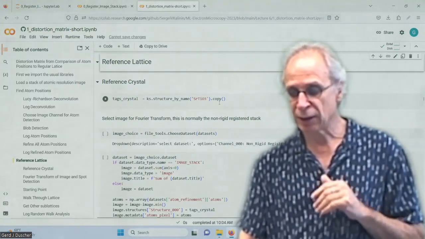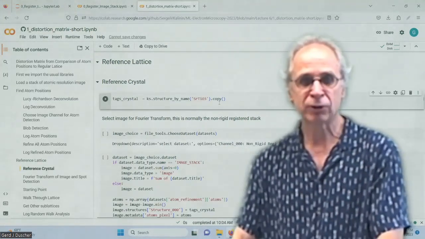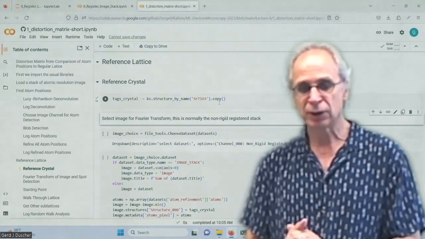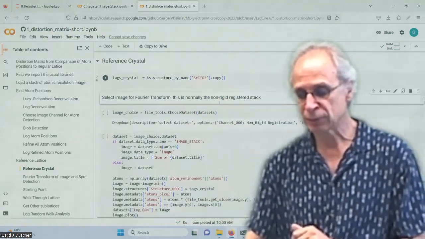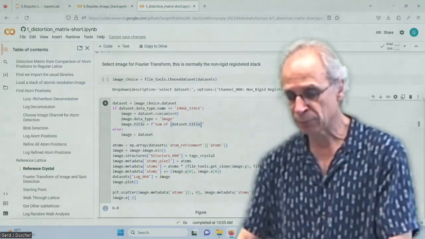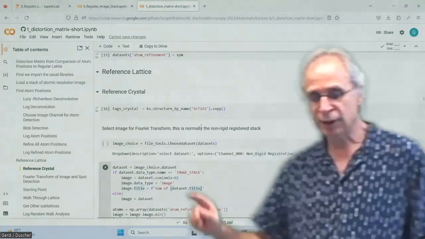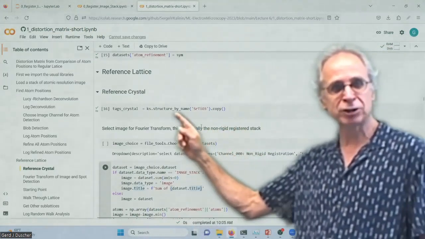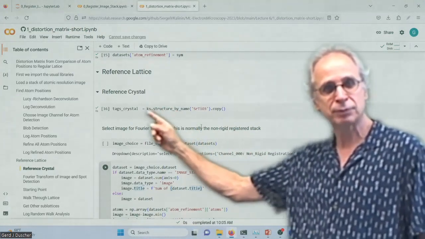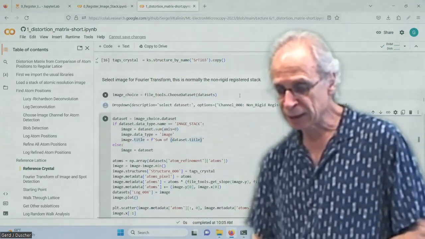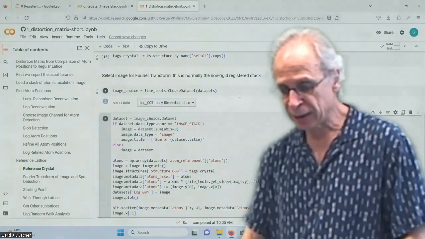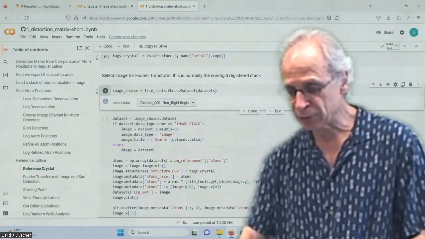And for that, I need to know what kind of material it was, and I just load the strontium titanate from my kinematic diffraction package of pyTEMlib, and then I again look at what kind of image I want.